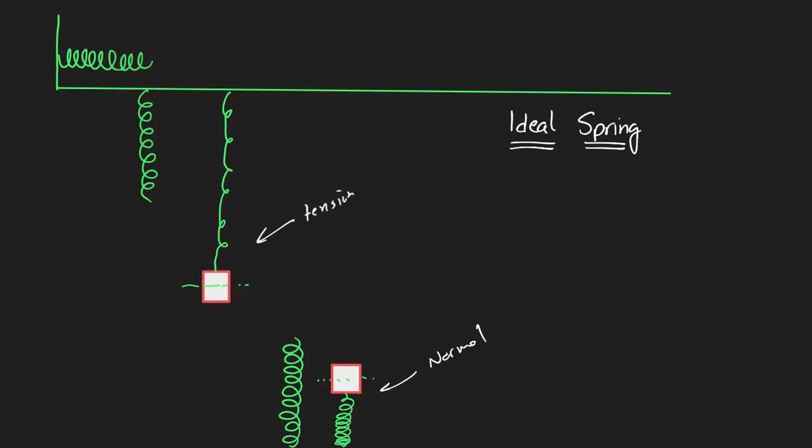It stretches proportional to the applied force. And it's quite stupid simple. If I double how much force I apply to the spring, I expect it to stretch twice as far. Or if I double how much force I place on top of the spring, I expect it to compress twice as far. Does that make sense? So I make this box bigger, then the spring will stretch more.